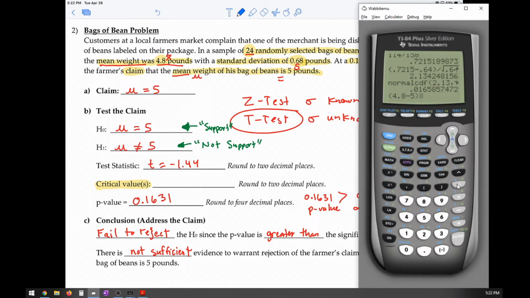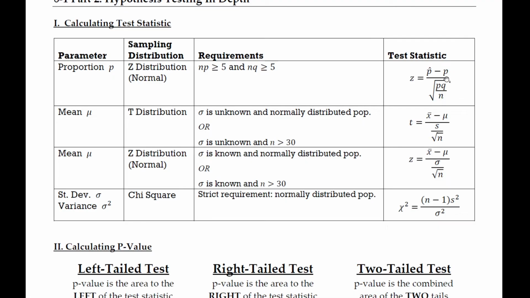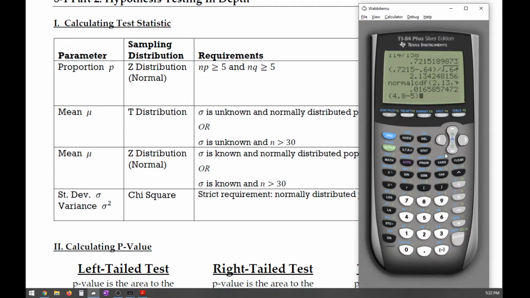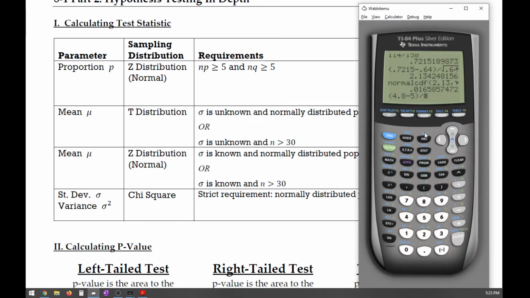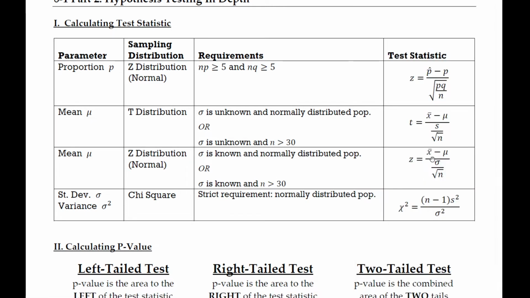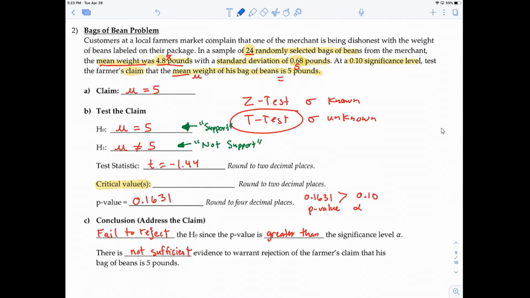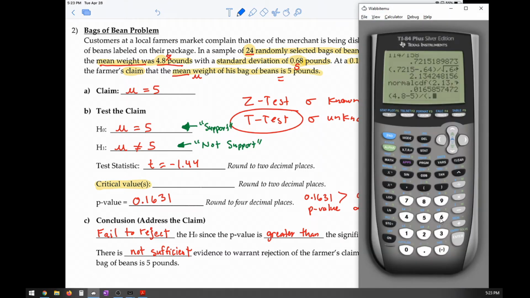And then the fraction bar, the division sign right here. And then it's s divided by square root of n. Because this is a complex fraction, I'm also going to put a set of parentheses down here for the denominator. So I'm going to open up parentheses, and then it's s, the sample standard deviation, which is 0.68.